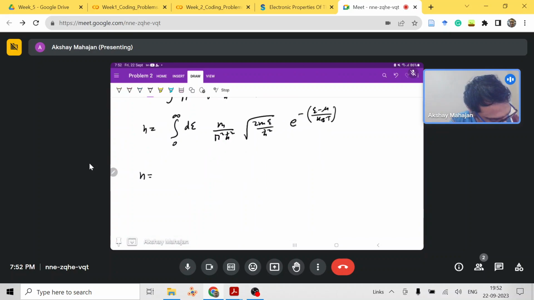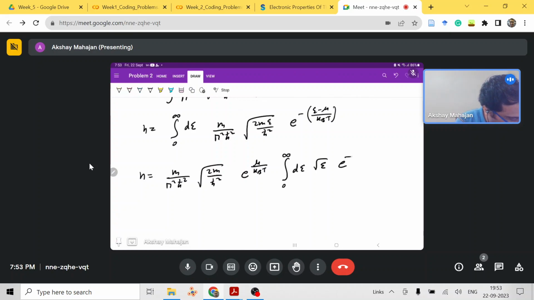For that, I will first take out the common terms from the integral: m over pi squared h-bar squared times the square root of 2m over h-bar squared, with the integration from 0 to infinity of d epsilon square root of epsilon e to the power minus. Also I can take out e to the power mu by kBT, and the integration is from 0 to infinity of d epsilon square root of epsilon e to the power minus epsilon upon kBT.